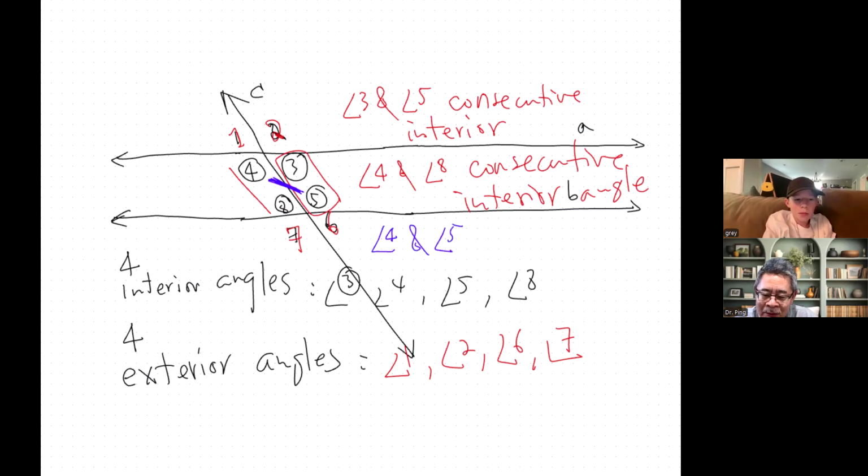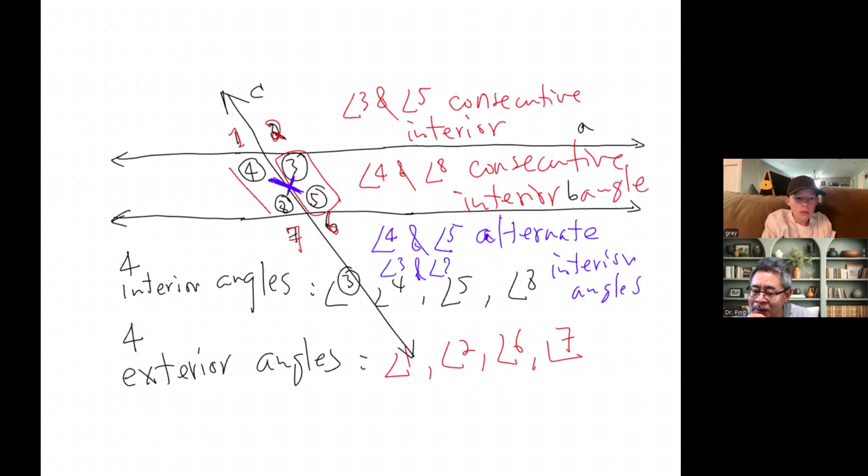We call them alternate interior angles. And of course 3 and 8 are also alternate interior angles. We're good here so far?